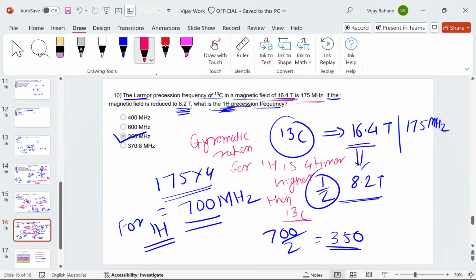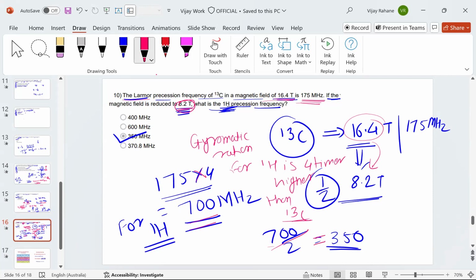You can find the exact value of the proton gyromagnetic ratio anywhere by Googling, and it is directly related to this frequency. So by calculation you can just multiply this by 4 and get exactly 700 for the proton. And since they have asked for 8.2, which is almost half of the initial value, I just divided it by 2.